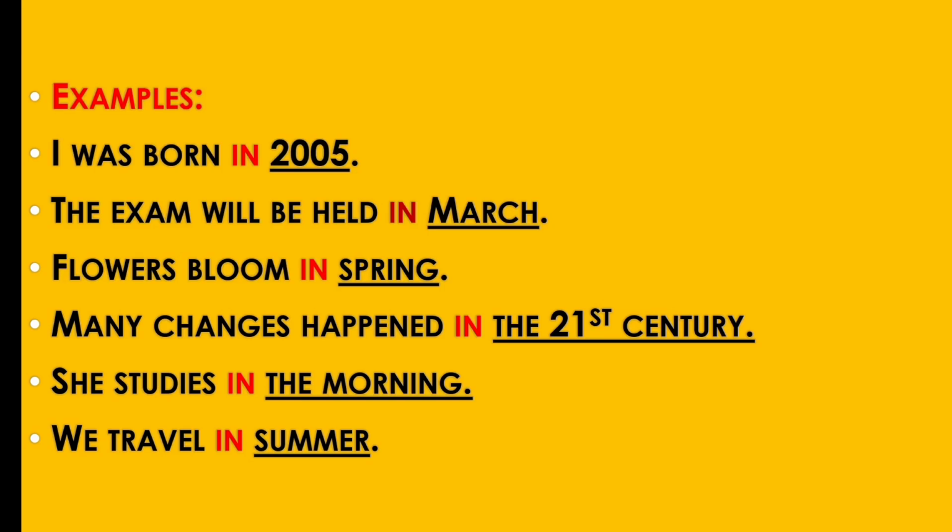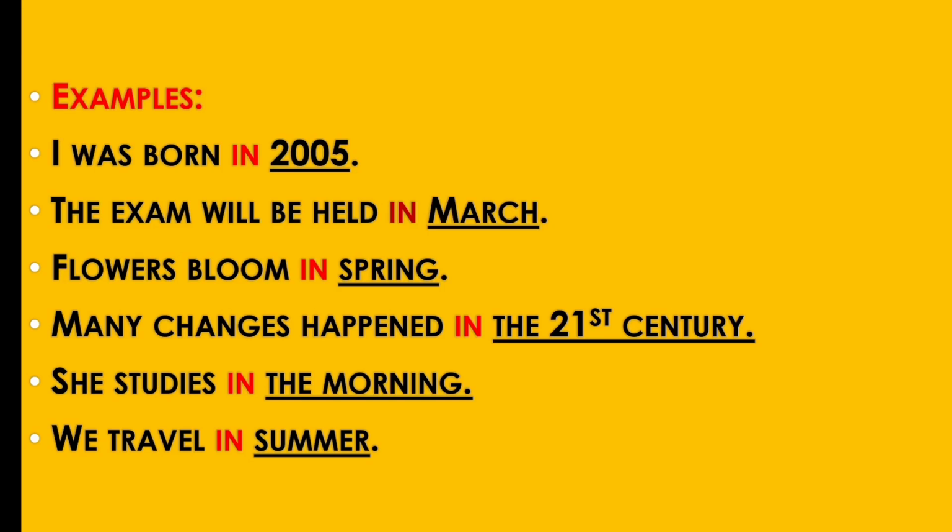Just look at the underlined words. 2005, it is a longer period. March, it is a longer period. Spring season, everybody knows, is a longer period. The 21st century is a longer period of time. The morning is a longer period of time, a part of the day. Summer is a longer period of time. That is why we have used in before these words for longer periods of time.